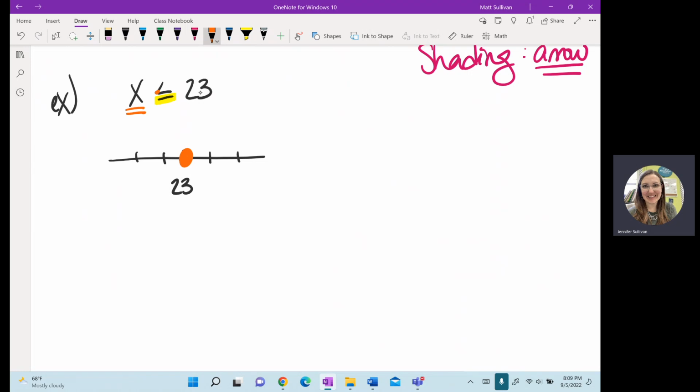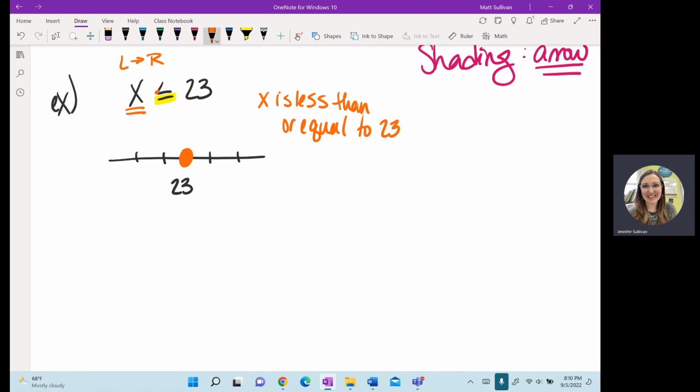So 23 is bigger. And since we read this from left to right, we would say x is less than 23. Oh, I should have said equal to. Is less than or equal to 23.